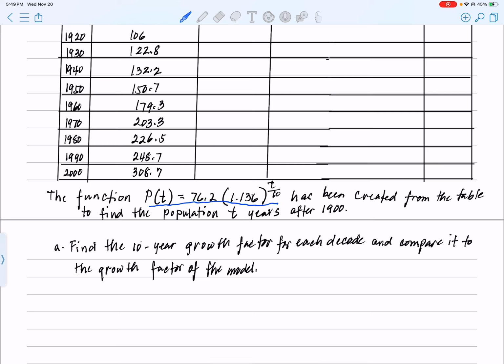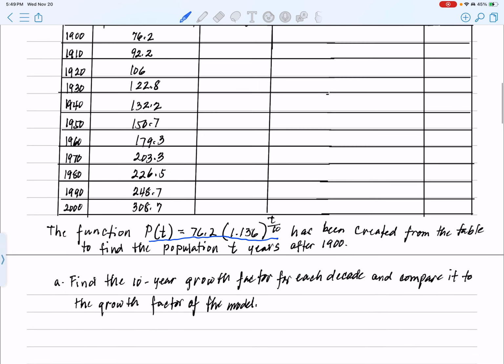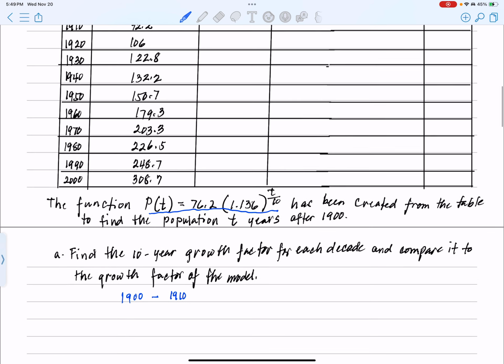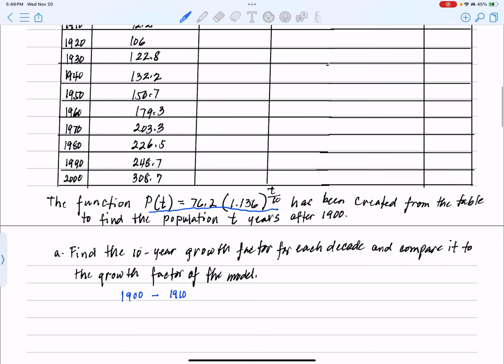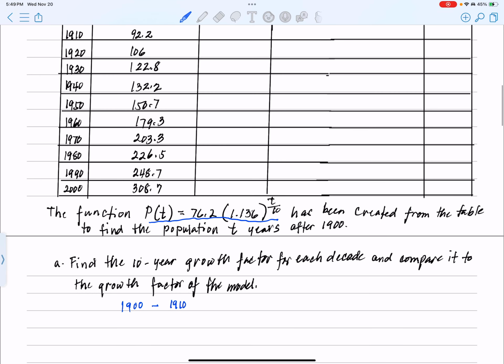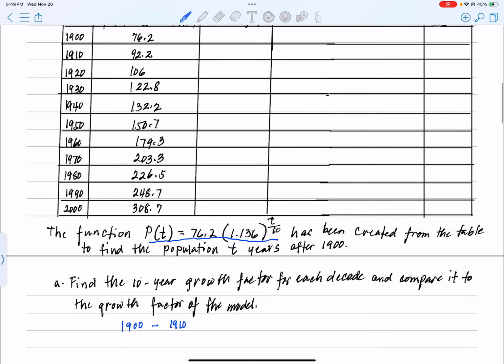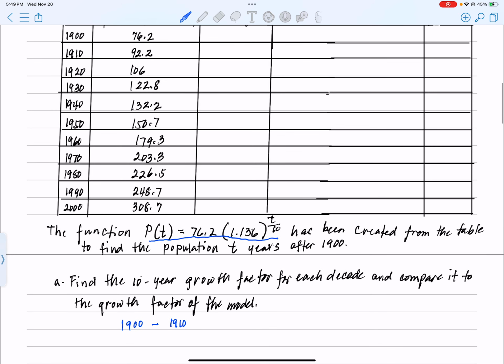So for example, we're going to use 1900 to 1910, because this is a 10-year growth. We use this to find the growth factor between those two years. So what is the population of 1910?